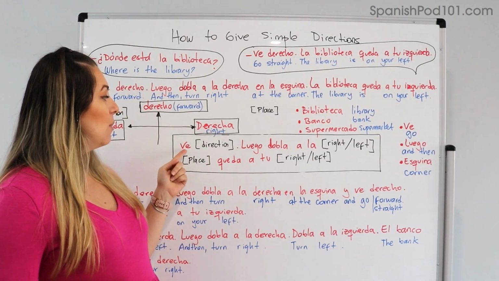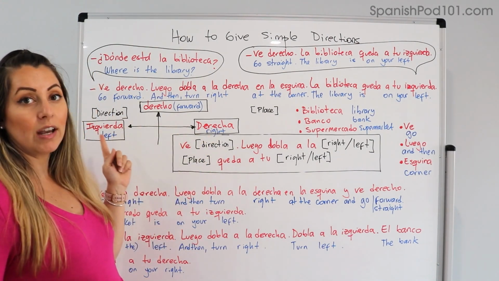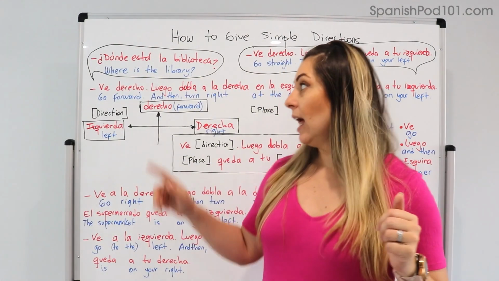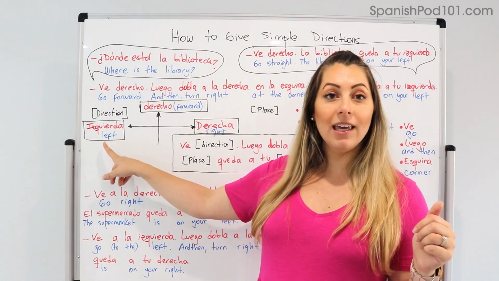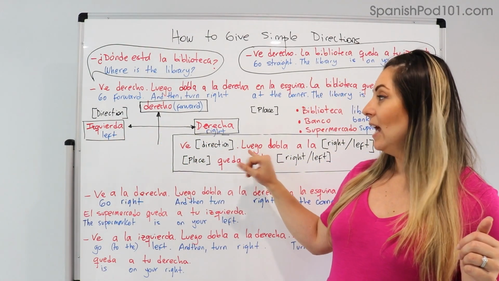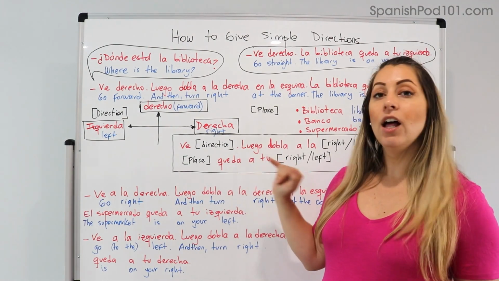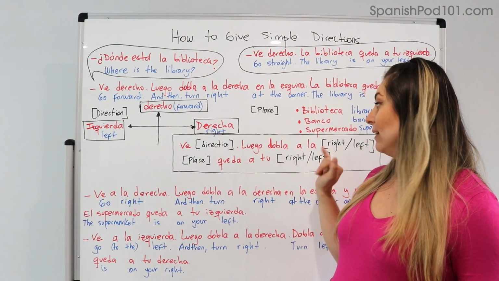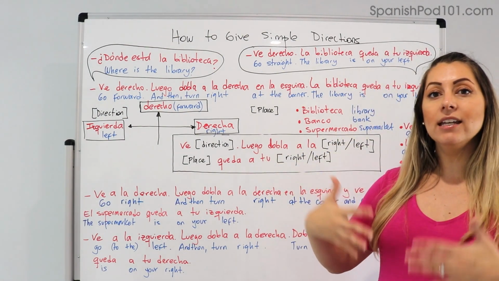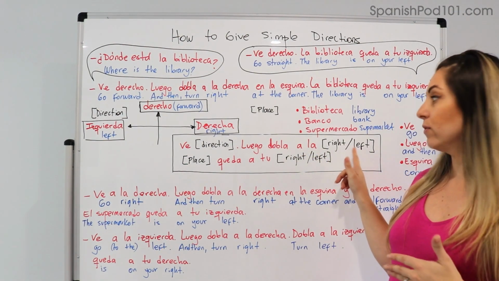So we're going to have ve followed by a direction. It can be one of these directions that we were looking into before, okay? So it could be derecho, izquierda, or derecha, okay? And then we're going to say luego, and then dobla a la, okay? So dobla a la significa then turn to the right or left.